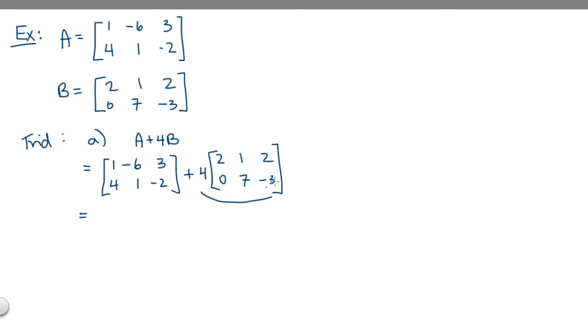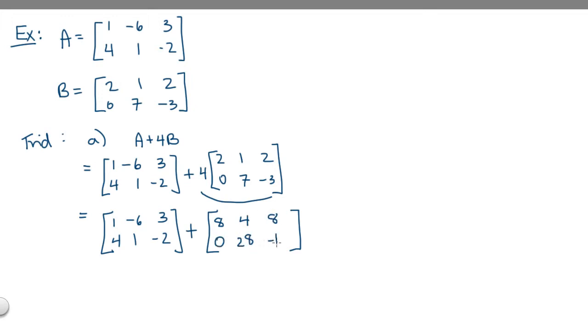So each of these elements inside B are going to get multiplied by 4. A will stay the same for the moment, and we'll be adding on 4 times B. So multiplying everything through by 4, we get 8, 4, 8, 0, 28, and minus 12.